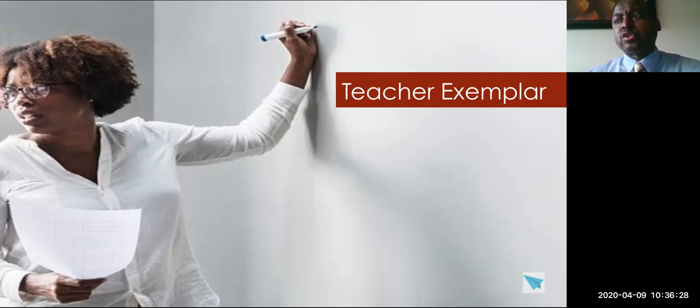So student exemplar is not explicitly named in the prepare part, but if you go through the process, you will understand when we were talking about high, medium, and low work, the high student work is considered to be the student exemplar.